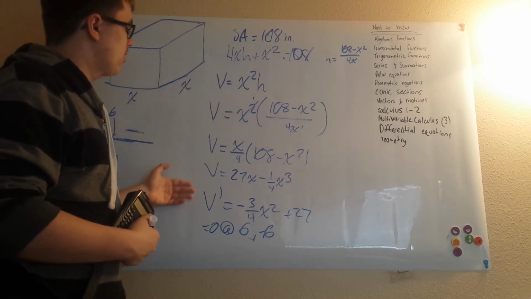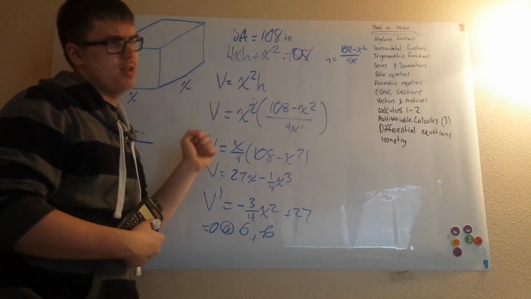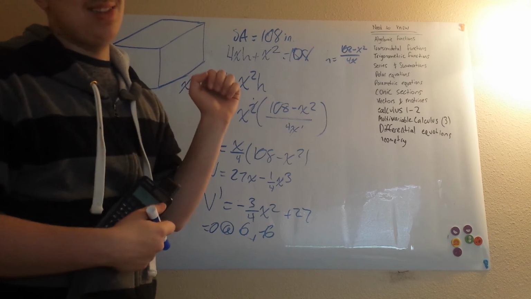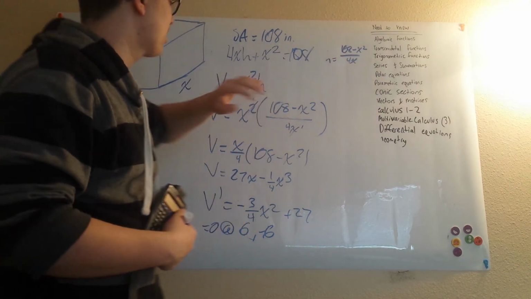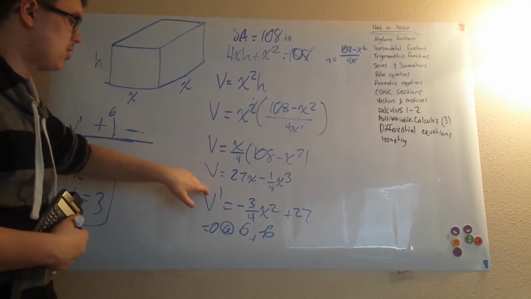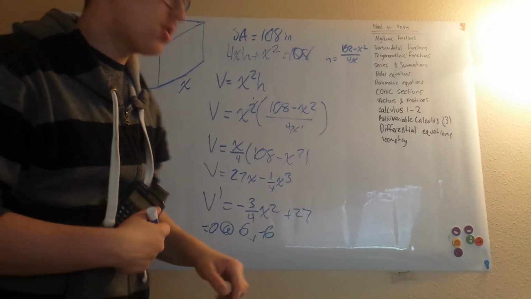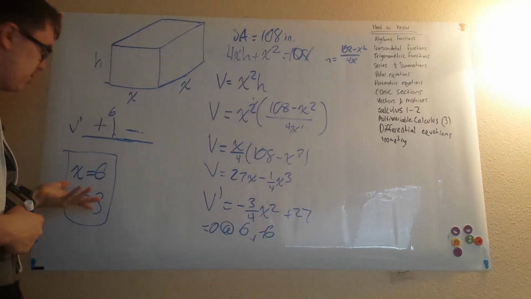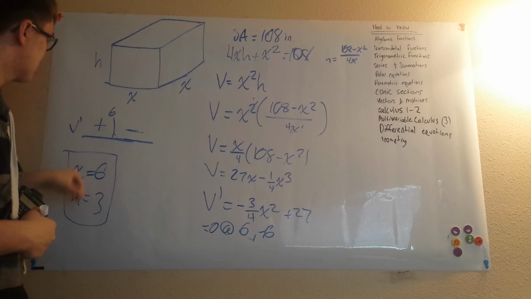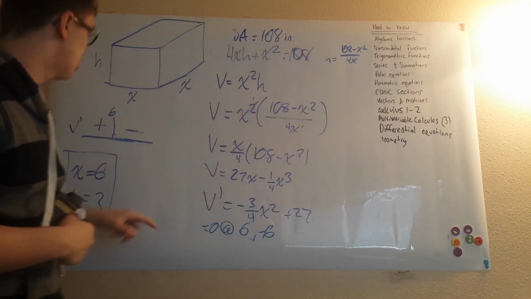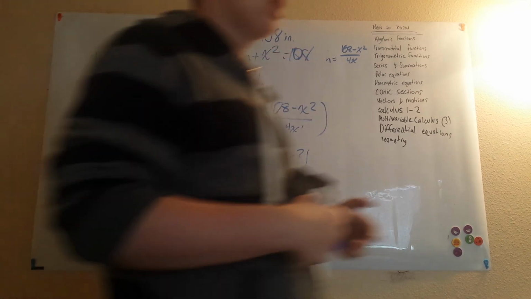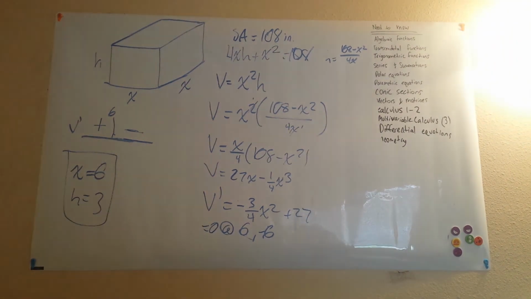We take a derivative. But we had to relate h to x because we have x's and h's. So we plug that in, take a derivative, find the critical numbers, and test them. If we have a maximum, we know that x is going to be 6, and we plug 6 into h and find the dimensions using that. And that is maximizing and minimizing problems.